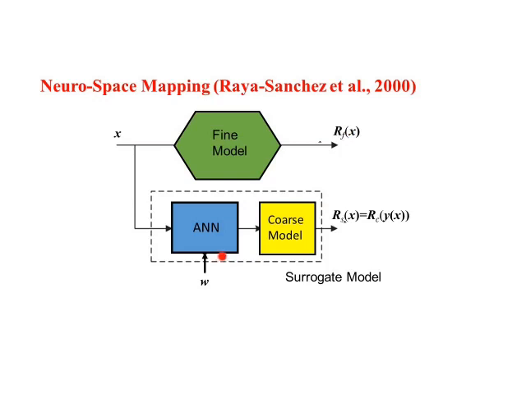So here our unknowns are the weights of the neural network. And those who know the theory of neural networks know it has lots of weights inside. We can optimize for them as well. Okay, and of course you can move the neural network to the front of the coarse model, and this becomes an output space mapping. Here I'm changing the input, so this is an implementation of input space mapping.